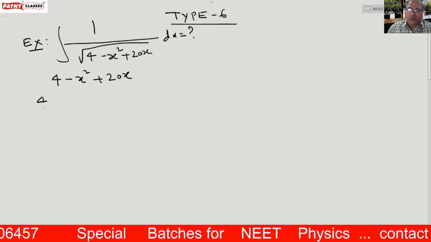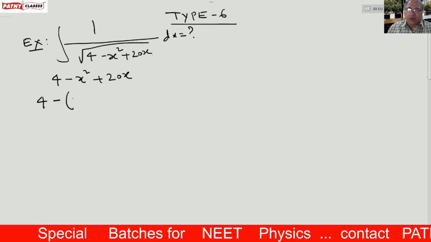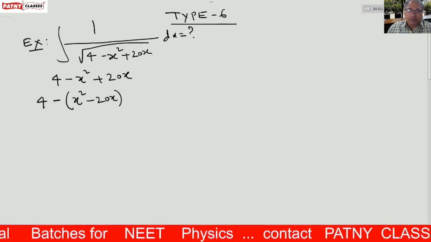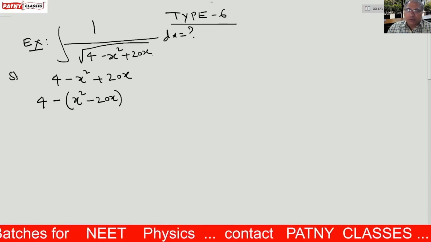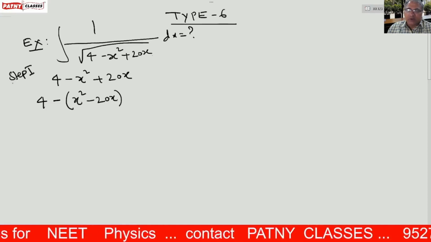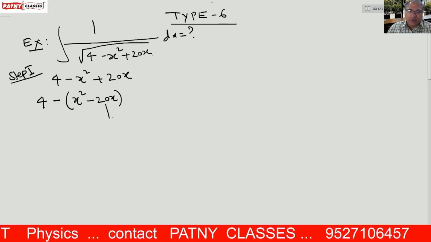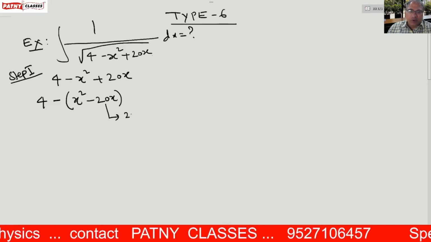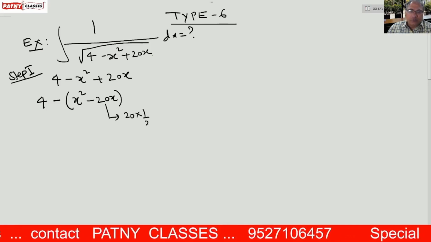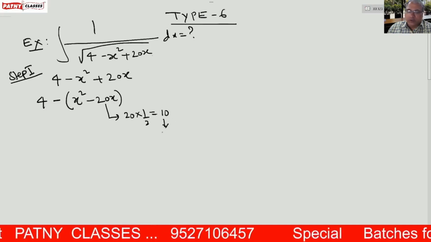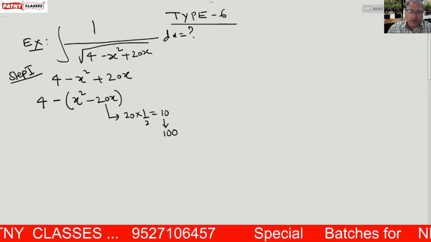So 4 minus x square minus 20x. To make it a perfect square, 20x is there, so 20 into 1 by 2 equals 10. Square it. When you square it, it becomes 100.